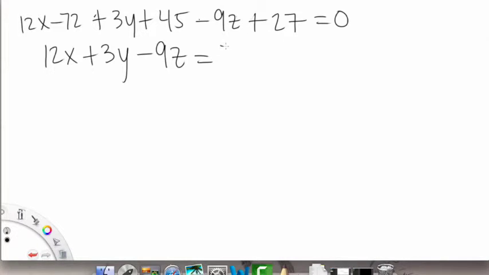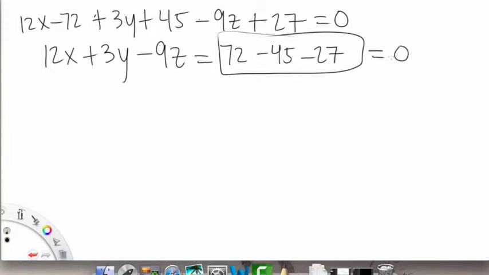So if we add the 72 over, and subtract the 45, and subtract the 27, this side actually just turns out to be 0 anyways. It's not always going to work out like that for the equation of a plane. It might be like equals 5 or something, but that just happens to equal 0. So our final equation for the plane is 12x plus 3y minus 9z equals 0.